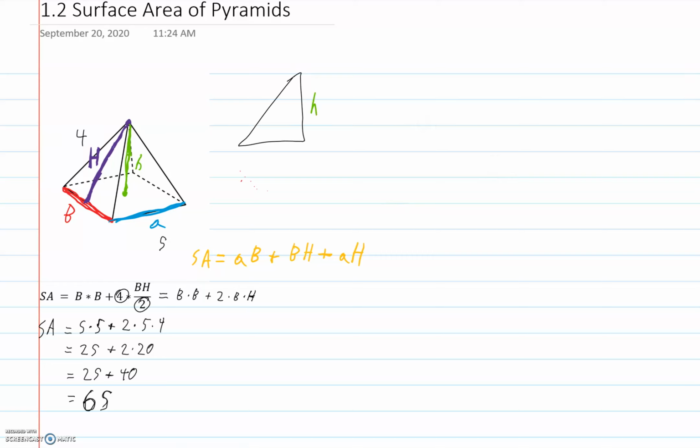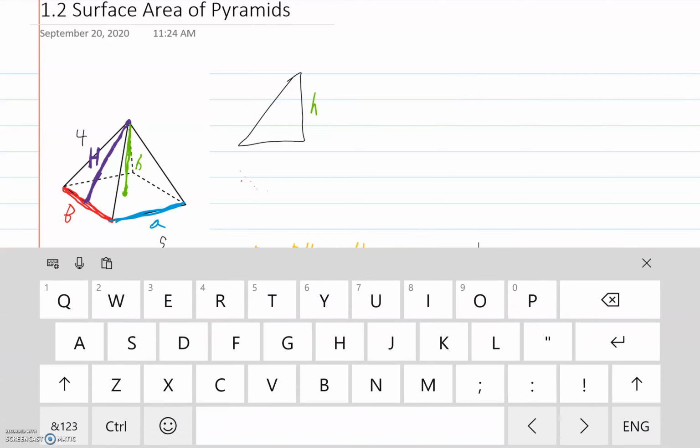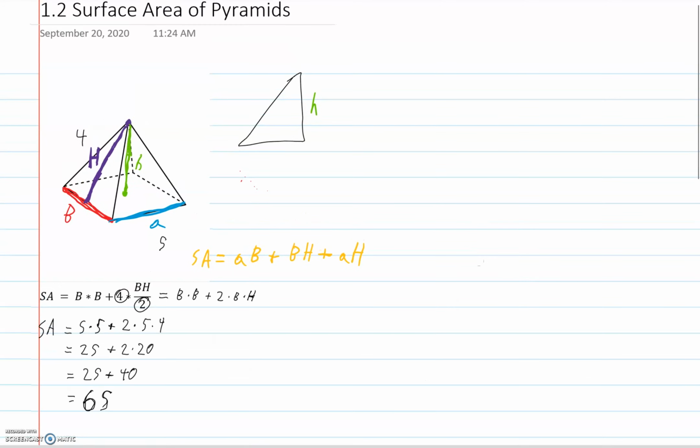So the height here and half of this is the distance here. So that's the half mark that I'm talking about.